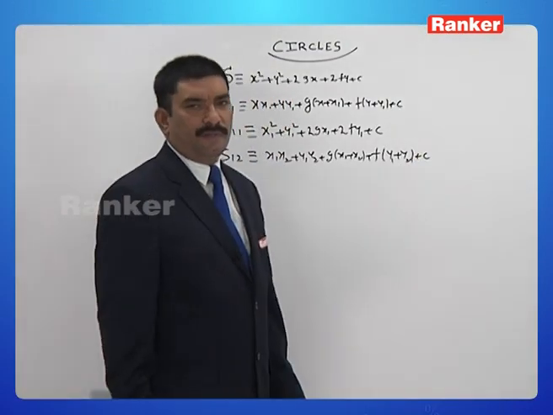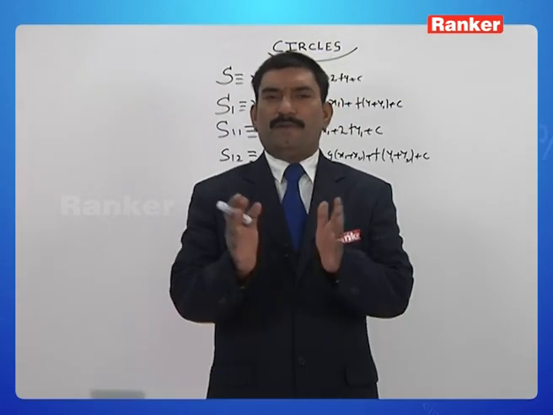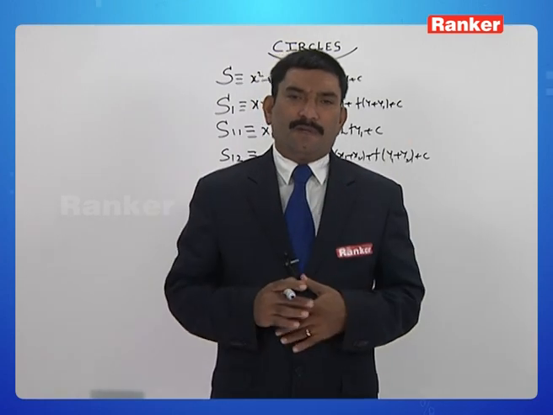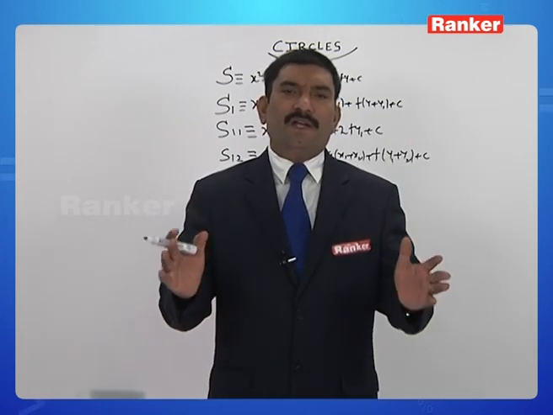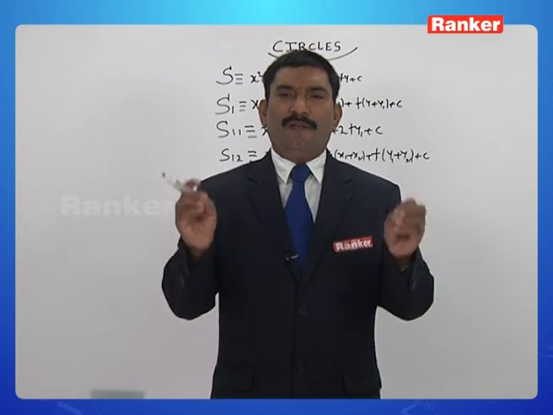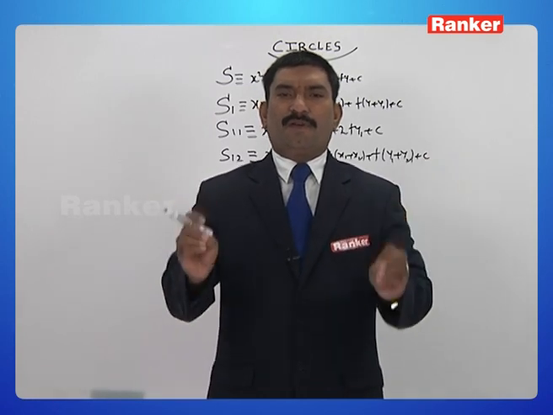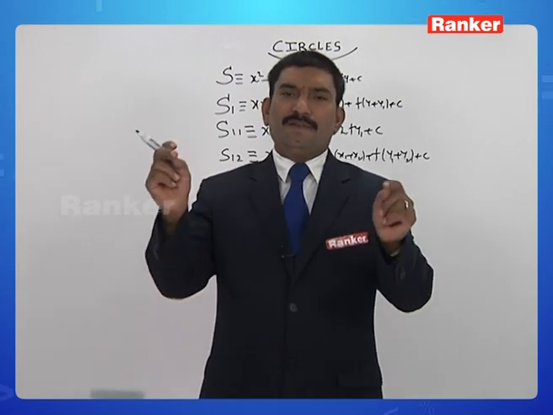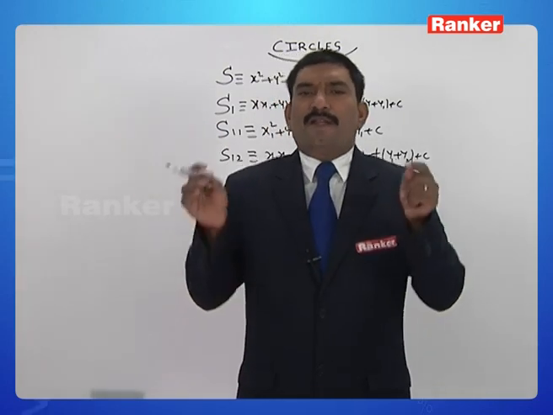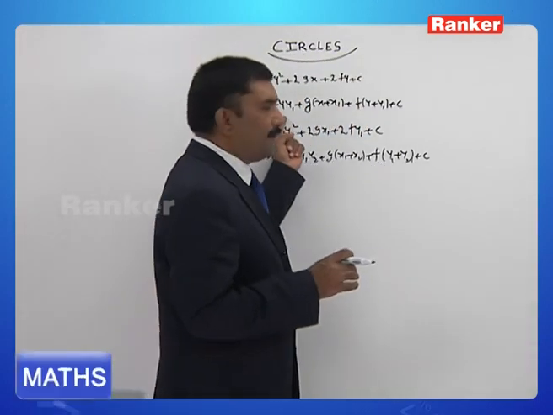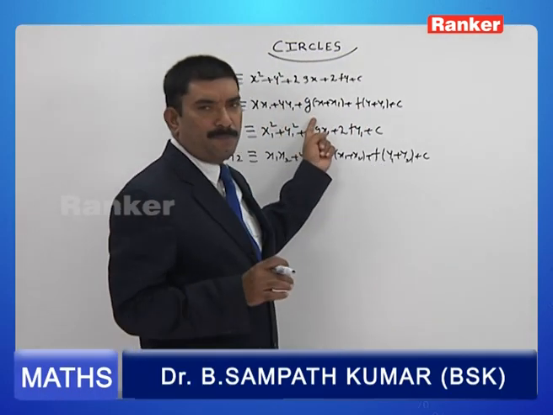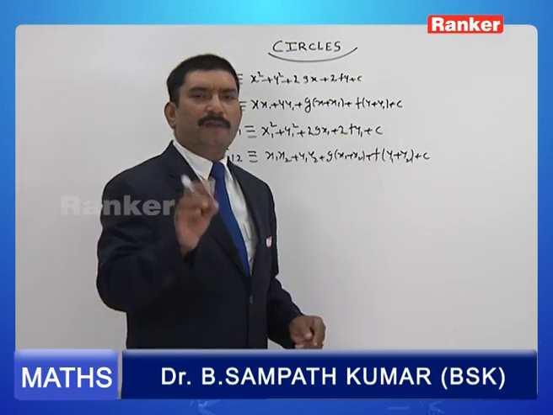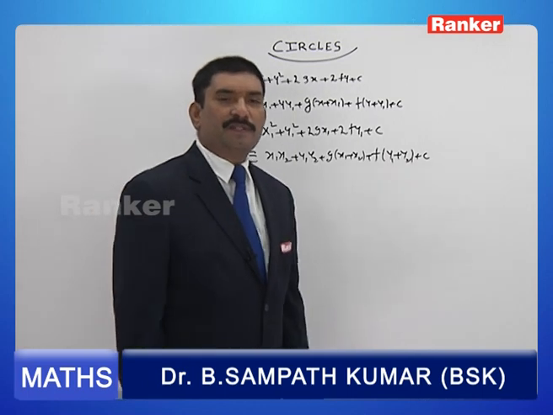Throughout the discussion of the position of a circle and a point with respect to the coordinate axis and the line, wherever you come across a circle equation, you can write S is equal to 0. If you come across the straight line of the type xx1 plus yy1 plus g into x plus x1, plus f into y plus y1, plus c, you can represent it as S1 is equal to 0.